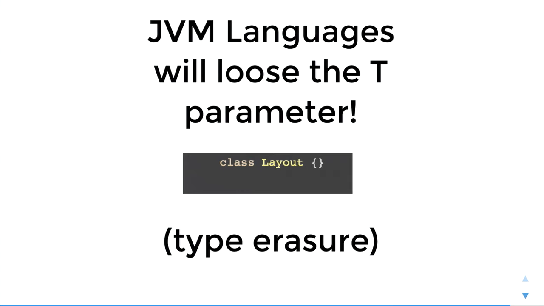So that's one of the effects of type erasure. And sometimes it could be a little bit inconvenient depending on how you want to represent your classes. For example, imagine our layout classes. It could be really meaningful if we could keep vertical and horizontal.